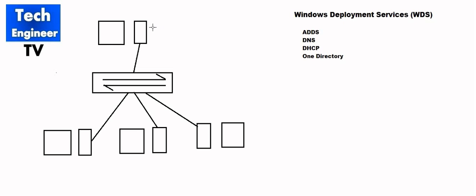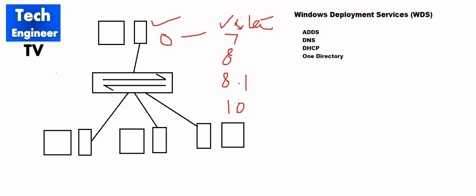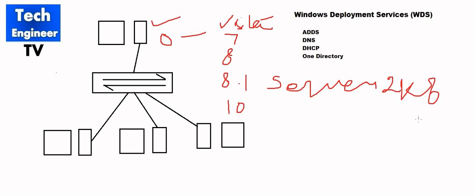For example, this Server 2008, if we promote it as a WDS, Windows Deployment Server, then what we need to do is store a copy of the operating system: Vista, 7, 8, 8.1, and then 10, Server 2K8, 2K8 R2, then Server 2K12.